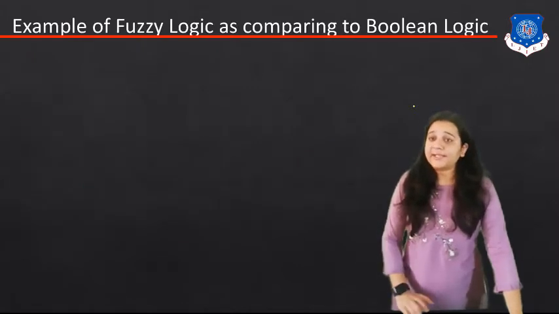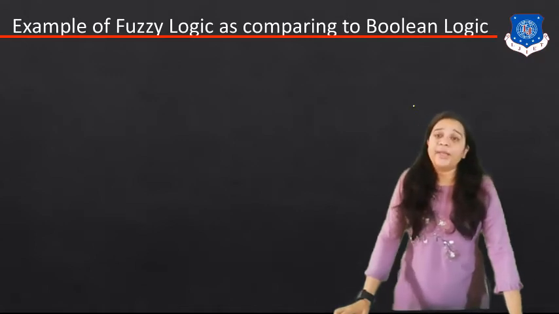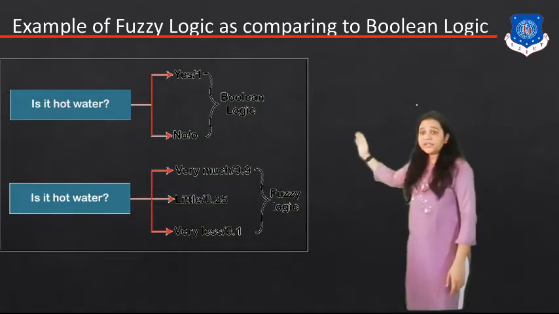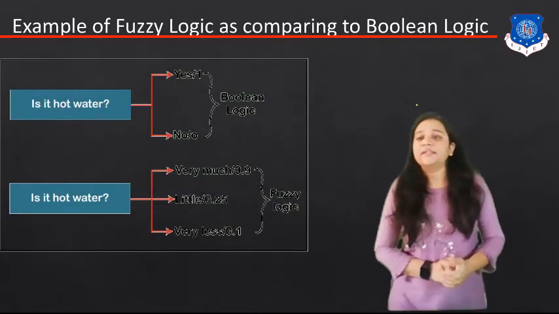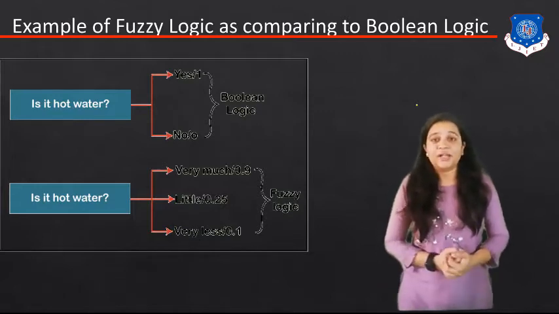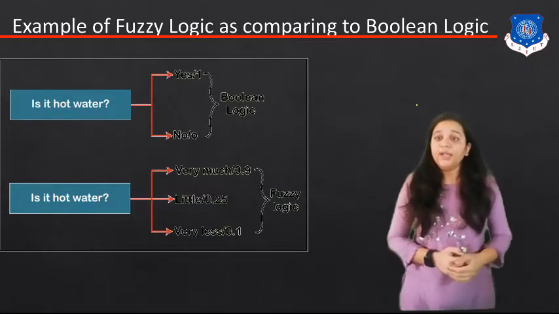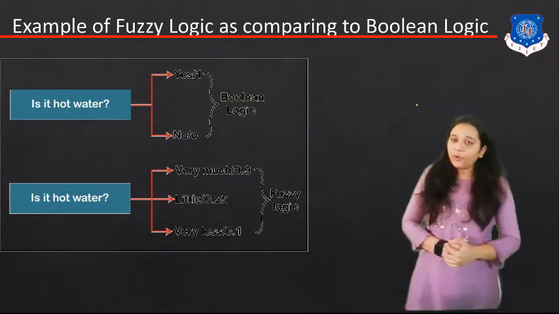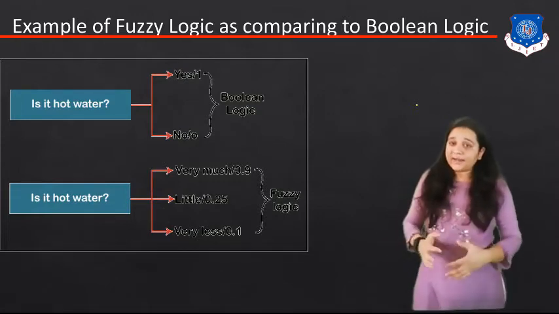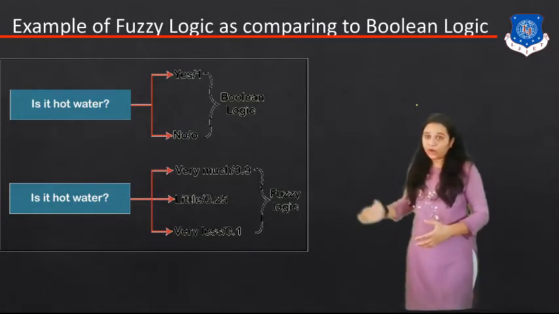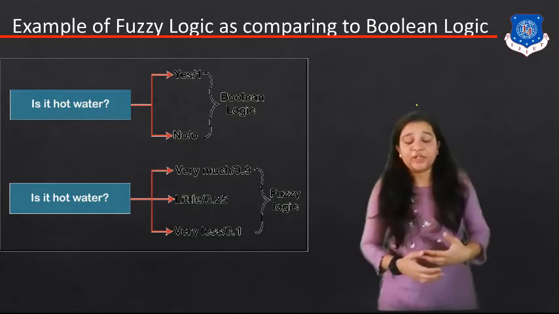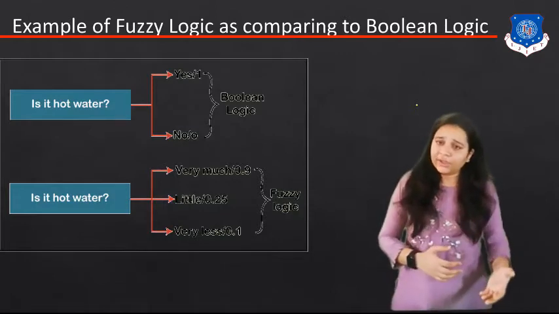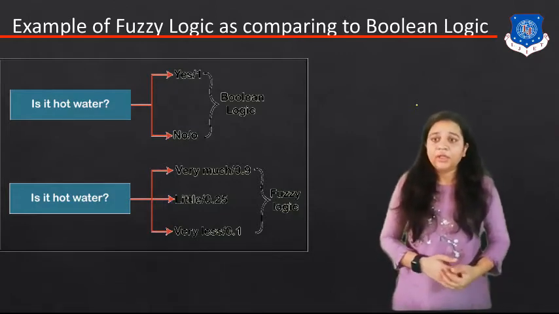Now an example of fuzzy logic compared to Boolean logic. Here a simple example is given. Is it hot water? With Boolean logic we have two options: if yes, the output will be on, and if no, the output goes off. But in the second case, when we ask is it hot water, we have different possibilities: very much hot water, little hot water, very less hot water, cold water.